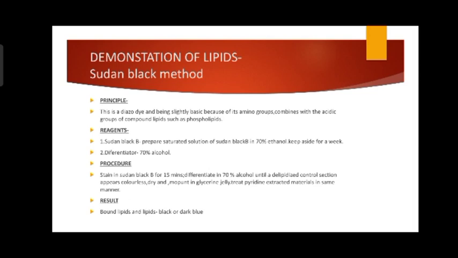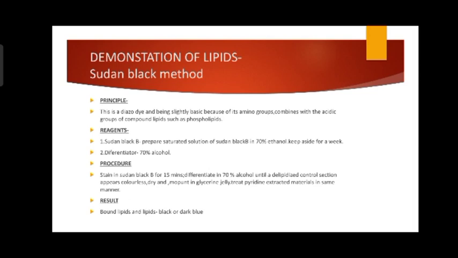Let us see the principle. The Sudan black method is widely used for the demonstration of lipids, and Sudan black B is a fat soluble diazo dye that can be used for staining neutral triglycerides and lipids.